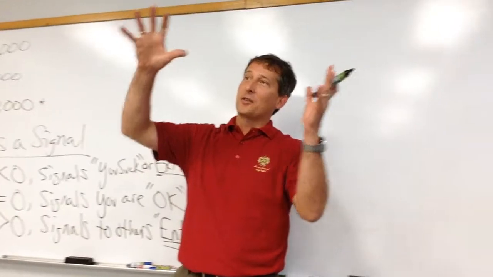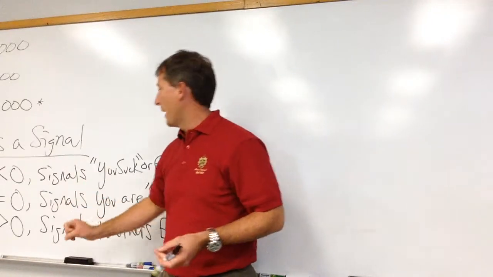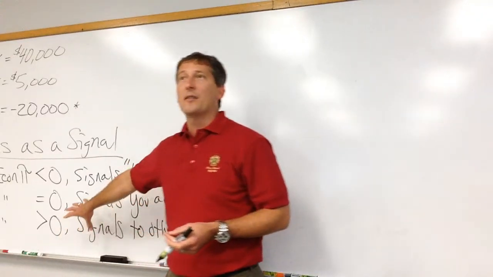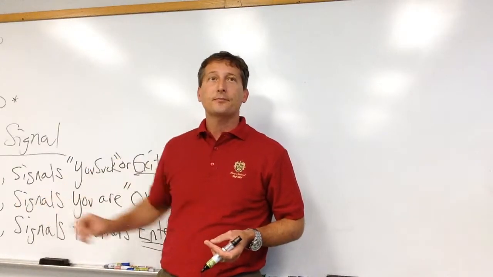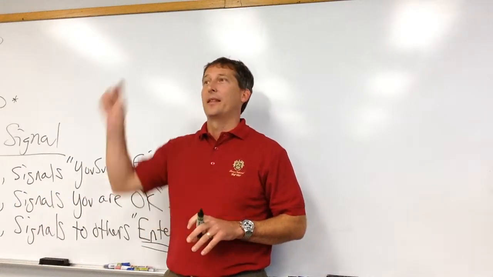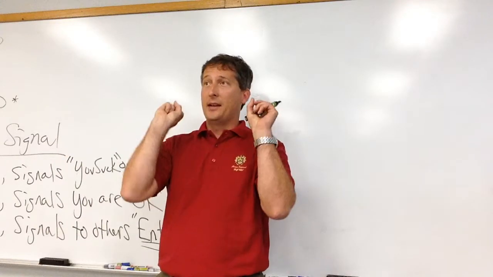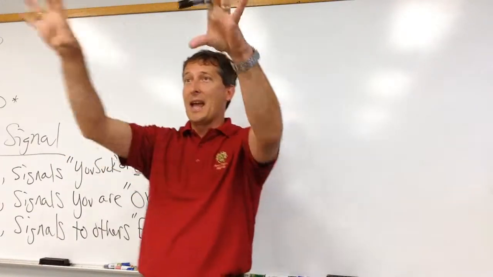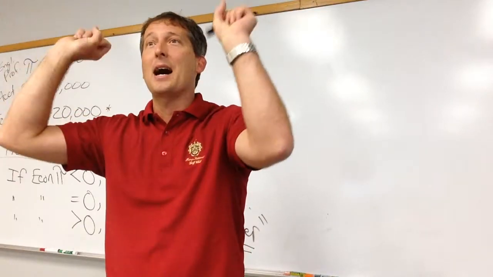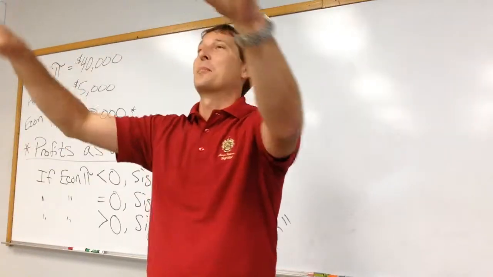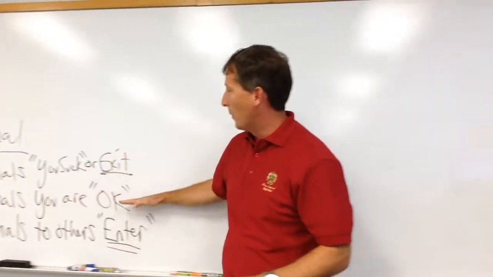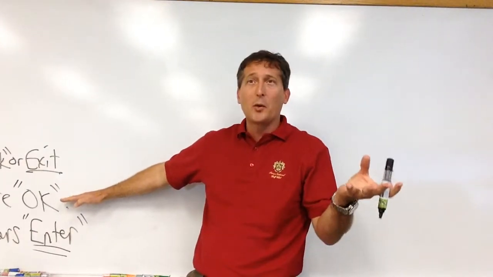As business starts to fall off, what happens to those economic profits? They go down. They get smaller. And when is the enter signal going to stop? When profits are back to what we call normal, or just okay.